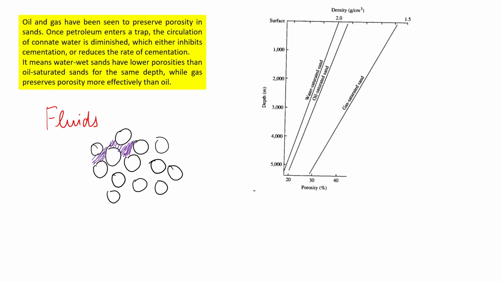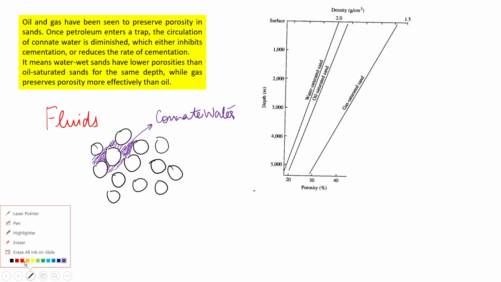Connate water is the water which is associated with these pore spaces and which got trapped during the burial of these rocks. So this could be connate water. Then, other than this water, we may expect to have oil.